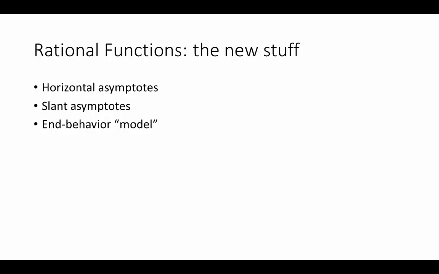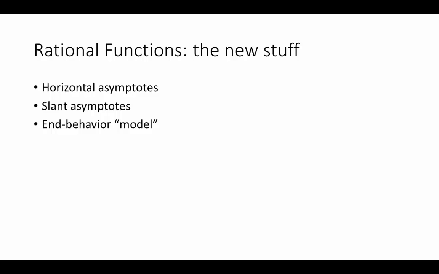You will have either a horizontal asymptote or a slant asymptote, not both. Whichever is present will determine what the end behavior model will be. You will also learn how to find if and where the graph crosses the horizontal or slant asymptote. I will go into more detail about how to find these in a different video.